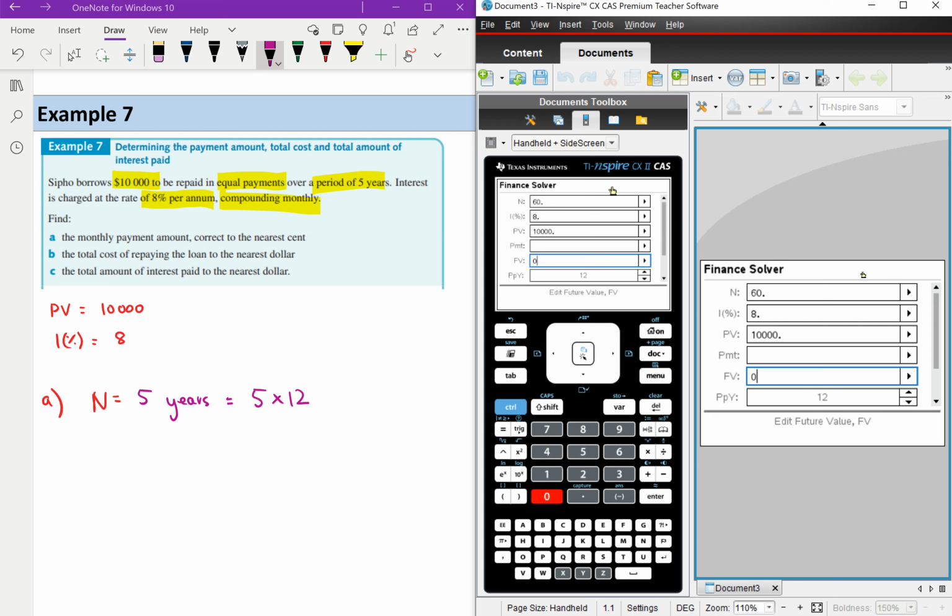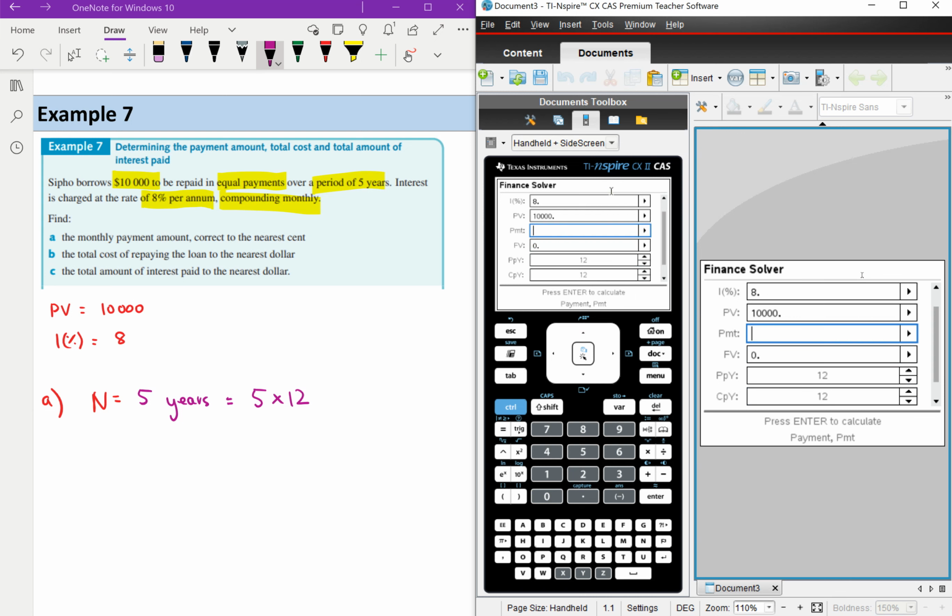That's key: I want my future value to end up being 0 so I don't owe them anything. PPY is the number of payments per year. Since it's compounded monthly, it's 12, and that also makes my CPY, how many times the interest is compounded, the same, which is most of the time the case.